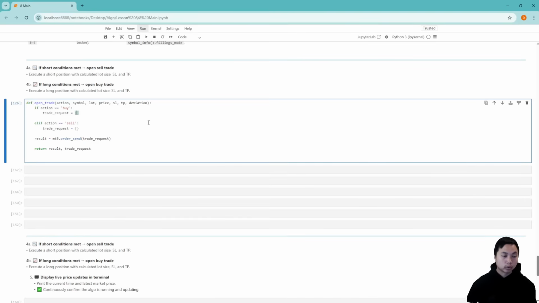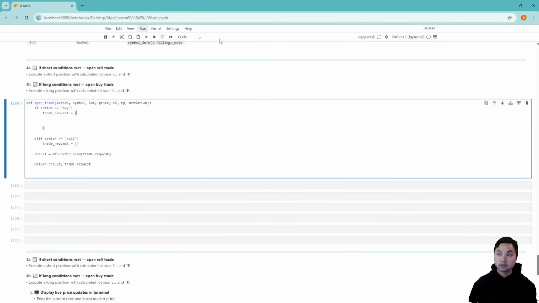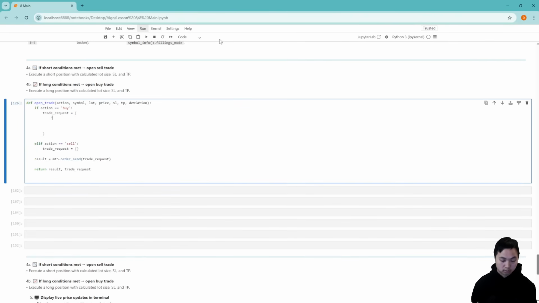We check on whether or not there's a buy here. The first parameter is the action, and here we use the trade action.